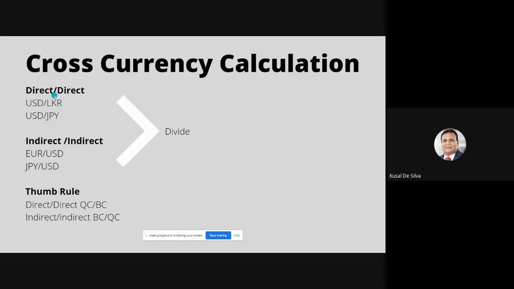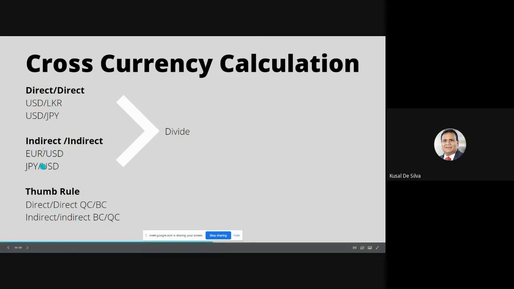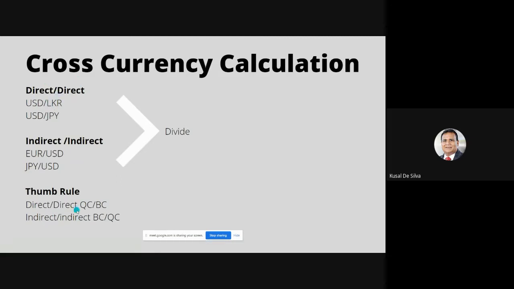If I ask you to, then you have to divide. Then indirect: here the USD is common and quoted against some other currencies. So in these two situations, you have to divide. The thumb rule for direct is to divide the quoted currency by the base currency.